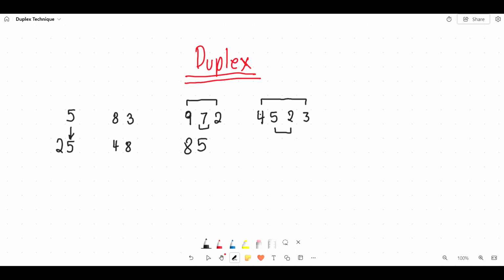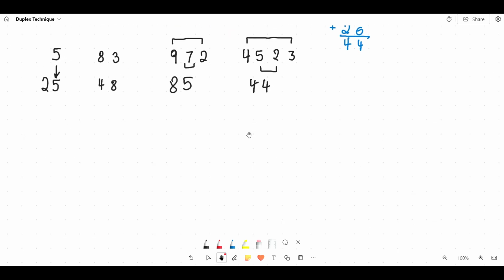So again, 4 times 3, 12, times 2 is 24, which is the duplex of 43. Next you have 5 into 2, 10 into 2, 20. So that is the duplex of 52. So the duplex of 4523 would be 44. I hope you understood how I am doing this.